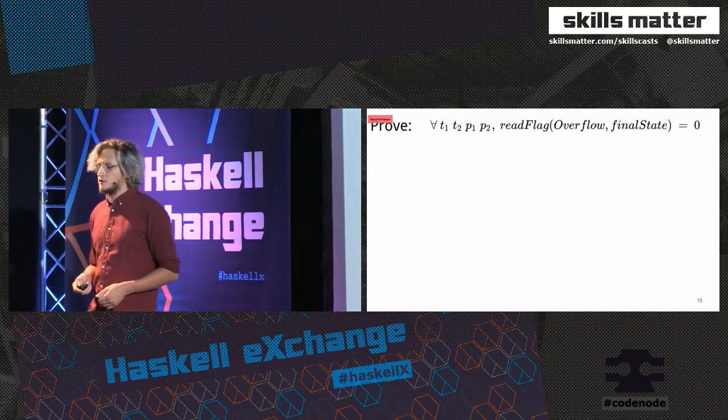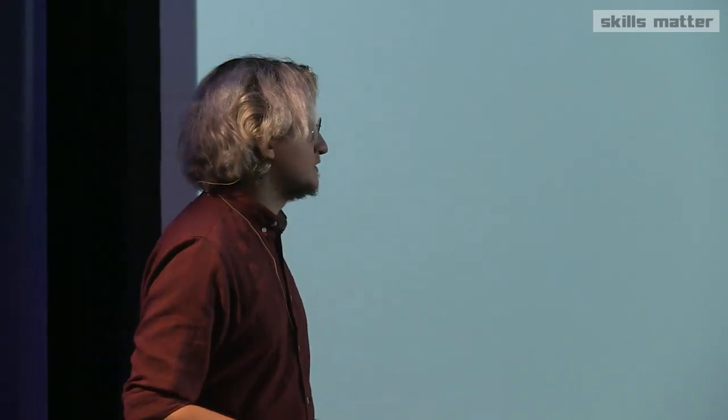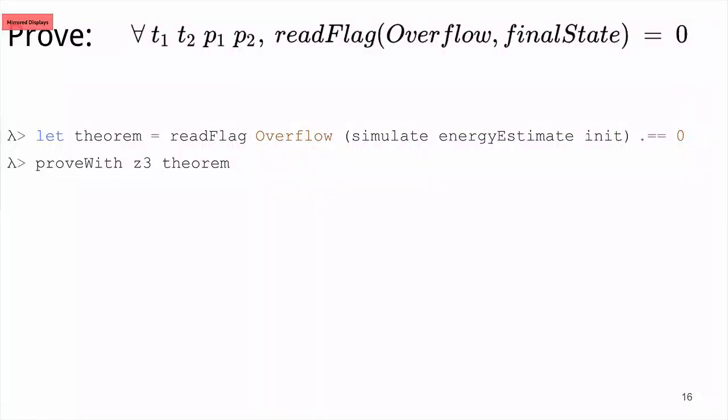We formulate that in the following way: for every possible value of the input parameters, the final state of the overflow flag is 0. This final state of the overflow flag is a summary of all the states that this flag took during the program execution. And in our framework, we just formulate it like that.